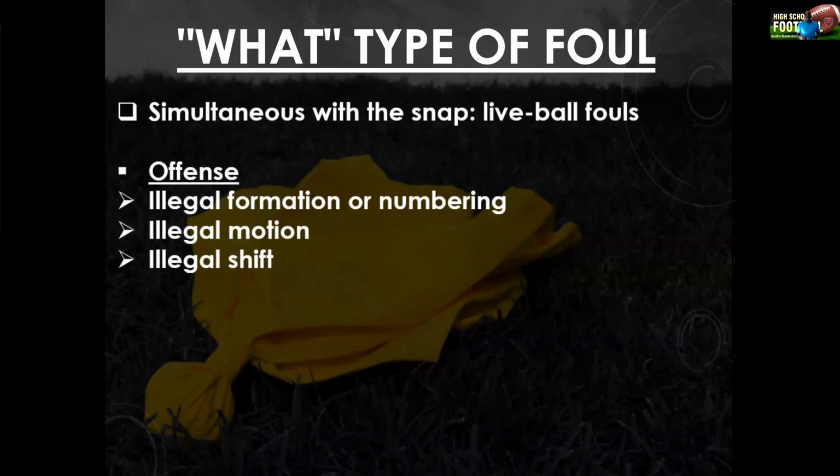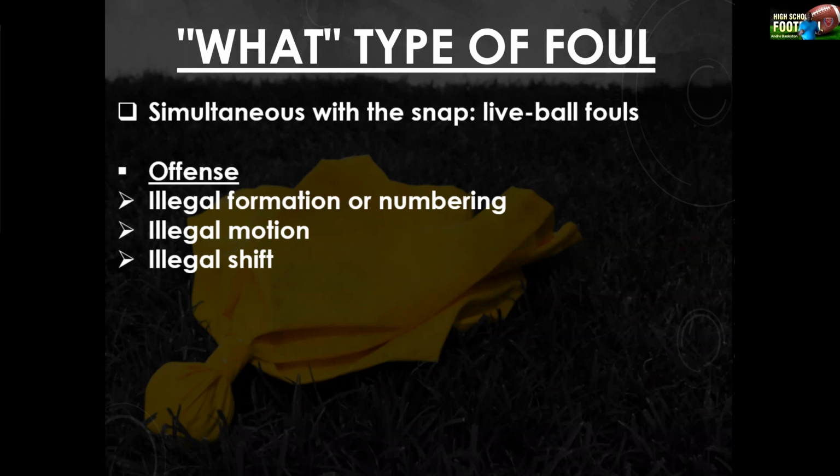All right, an illegal shift. This is the one that a lot of coaches start screaming about, especially the opponent when they see it by the offense. All right. So how many times have we seen it where a player goes in motion, and then a teammate in the backfield moves as well, right? Like they move. So now we got 2 people moving at the same time.